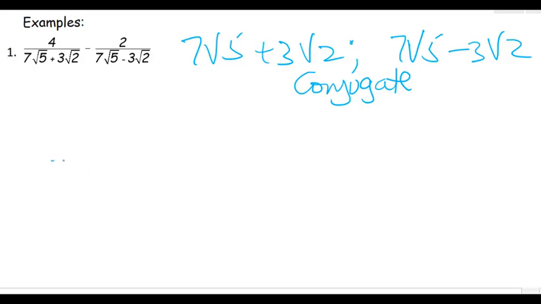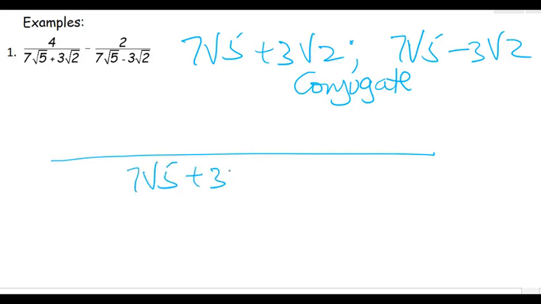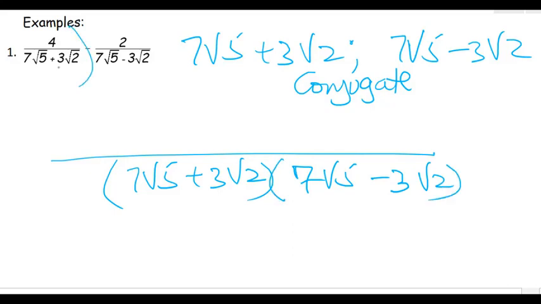Therefore, we use the idea. We have our LCM is we multiply the two denominators, 7 root 5 plus 3 root 2. We multiply by 7 root 5 minus 3 root 2. We multiply this part by 7 root 5 minus 3 root 2, whereas when we come to this case, we multiply by 7 root 5 plus 3 root 2.